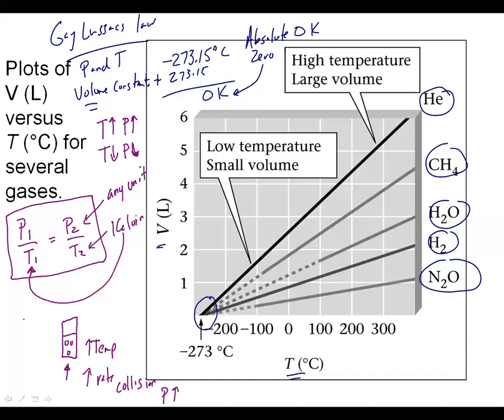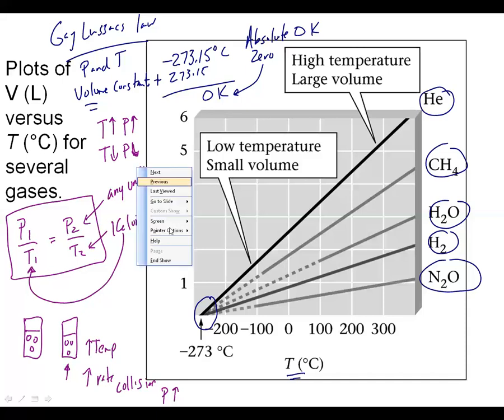And that is because, same idea, if we have our same container here, again, our volume is not moving. When we decrease the temperature, our gas molecules again are going to be flying around slower. And as they're flying around slower, that means there's going to be less collisions happening. And less collisions is going to get us to a lower pressure situation.